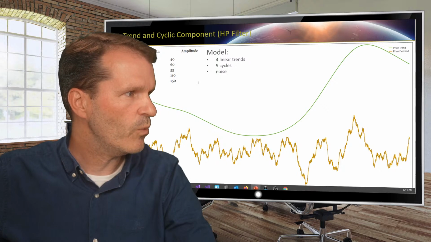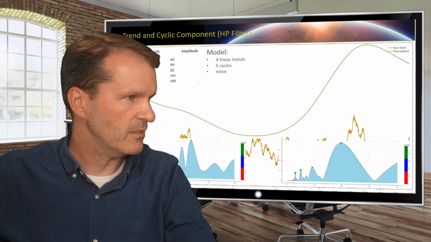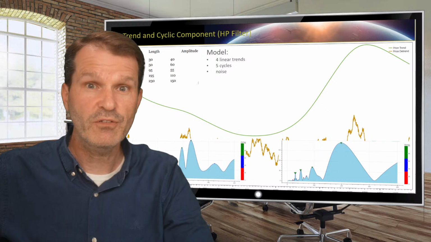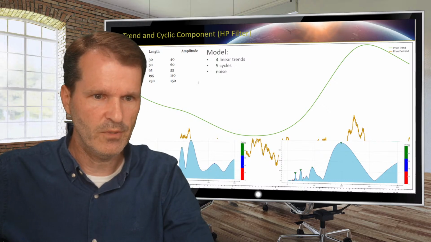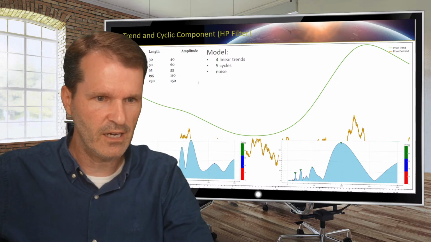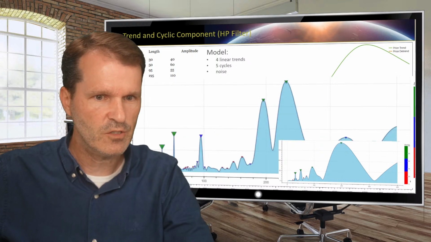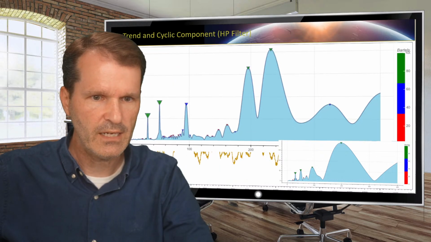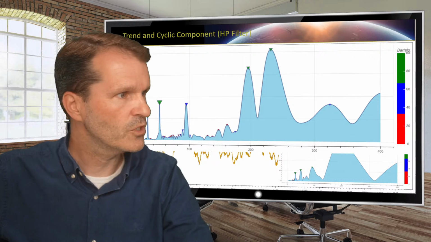Okay, so now we have pre-processed our data. And now let's check how different the spectrum would look. So the full data set gives you this spectrum here, which is shown here.